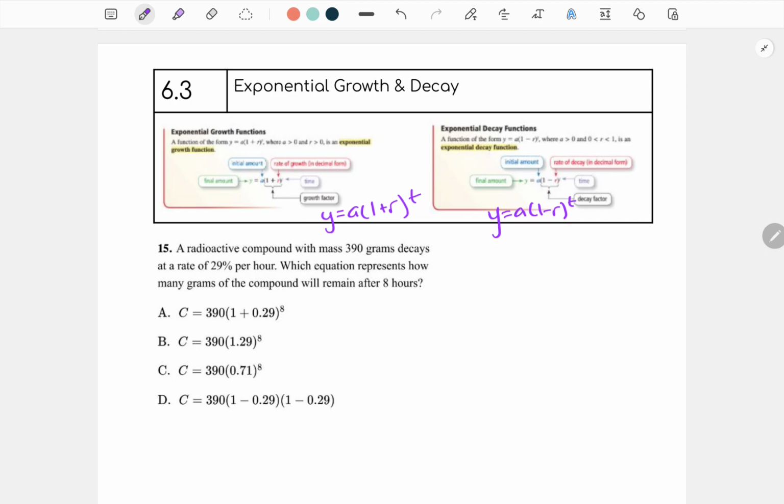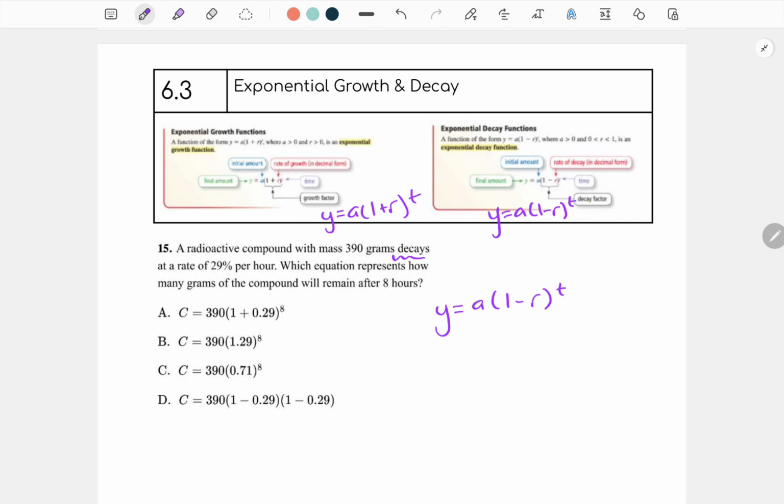All right, so now let's look at 15. A radioactive compound with mass of 390 grams decays at a rate of 29% per hour, which equation represents how many grams of the compound will remain after 8 hours. So first step, I'm going to just write my function. Since this is decaying, I'm going to use my decay formula, which is y equals a(1 - r)^t.